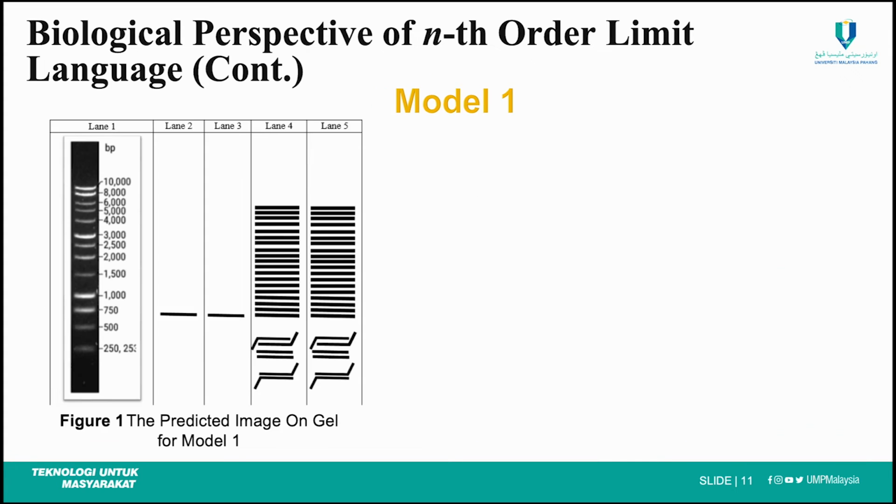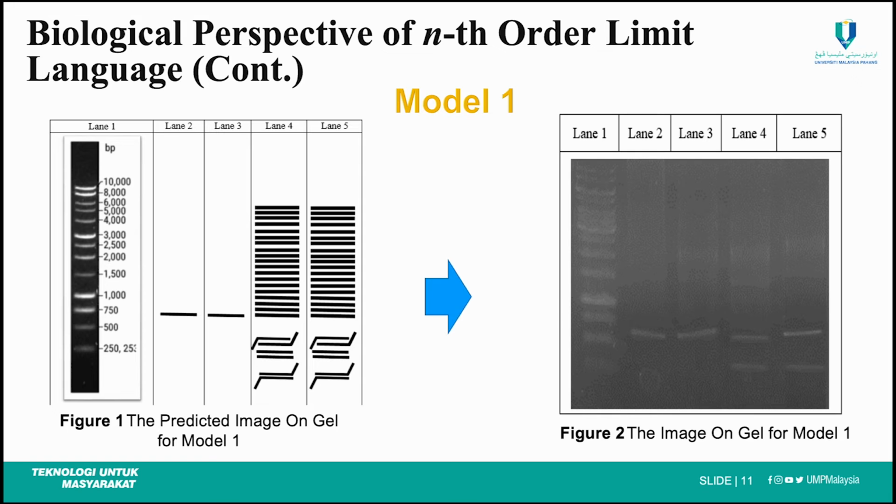Before we run the experiment, this is what we have predicted according to the length which have been tabulated in the previous table, and right after we visualize the gel under UV transilluminator, we will obtain this image which somehow mimics the one we have predicted before we run the experiment.